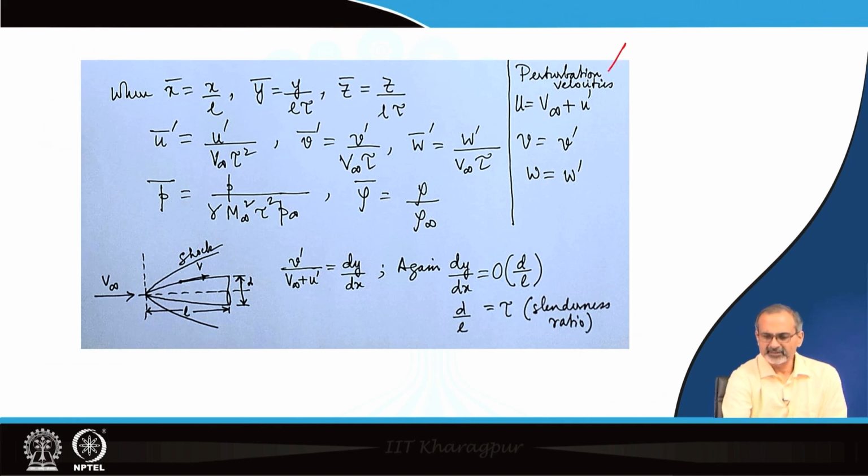As I mentioned earlier, the perturbation velocities are defined in the same way as we did in the velocity potential equation for supersonic flow analysis. There is only a slight change in nomenclature. Earlier we had put it as U hat, here we are writing it as U dash or V dash or W dash, and then we end up defining the length scales concerned.